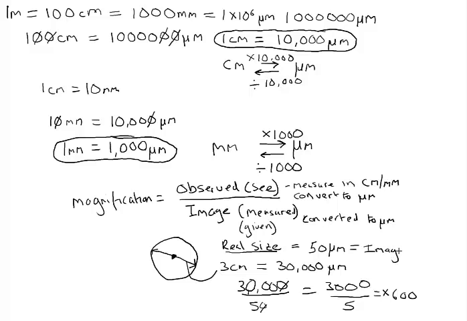So it's what the organism is in real life. The observed, this is what you will measure. So you will get the ruler out to get the observed. So this here is the observed.